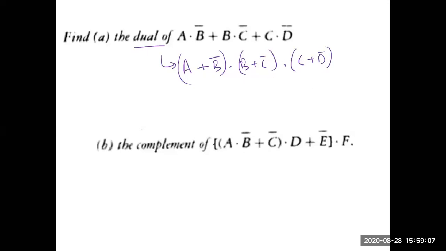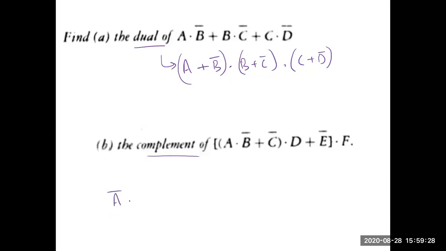Okay, and when you are finding the complement, suppose the problem is there for the complement. So basically you can do it in two ways, like you can do the full complement and apply De Morgan's theorem, or you can directly write it.